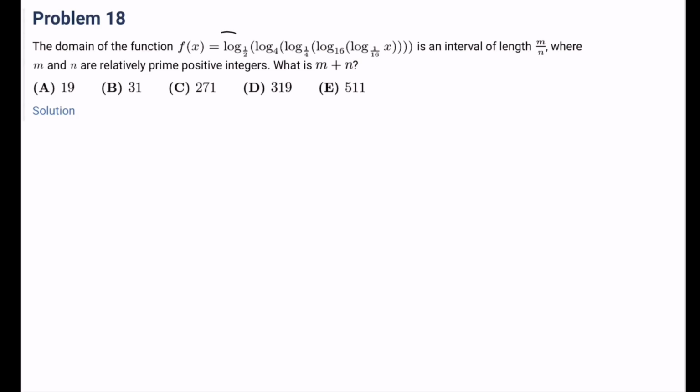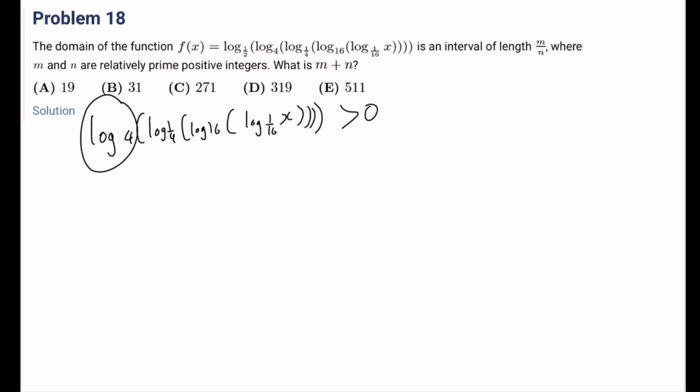So for a log of something to be defined, that means that this has to be positive. So log 4, and then log 1 over 4, and log 16, and log 1 over 16 of x has to be defined. So that has to be greater than 0. And if the log of something has to be greater than 0, that means the thing inside here has to be greater than 1.